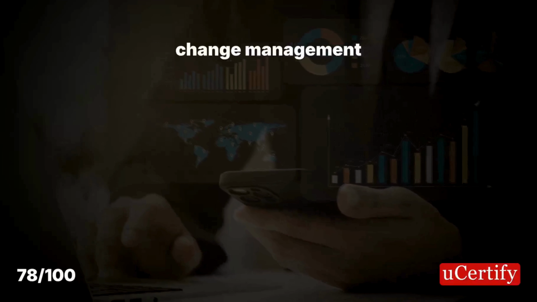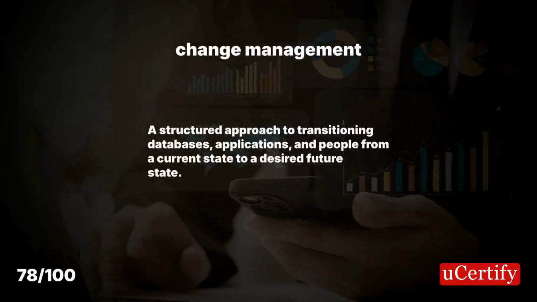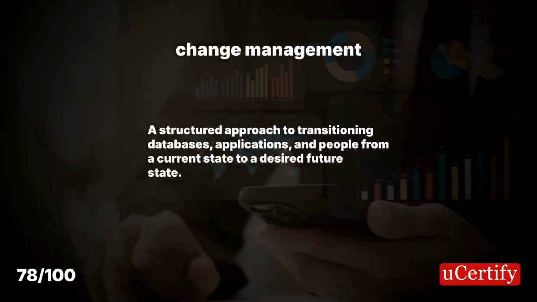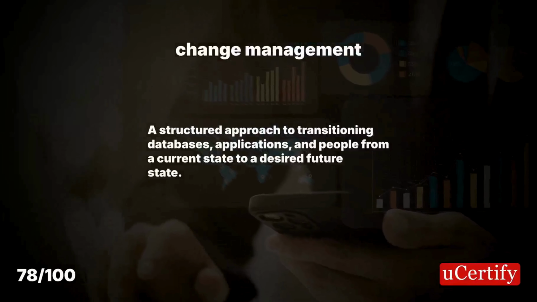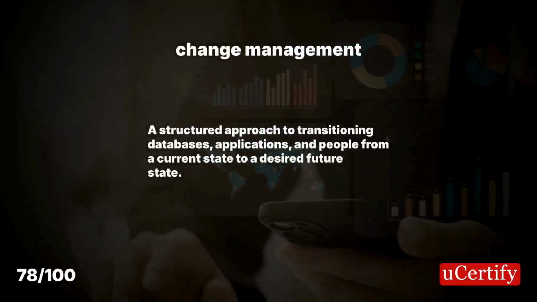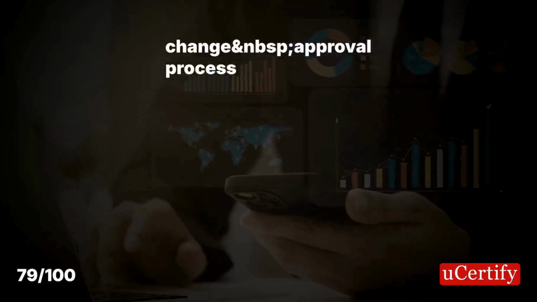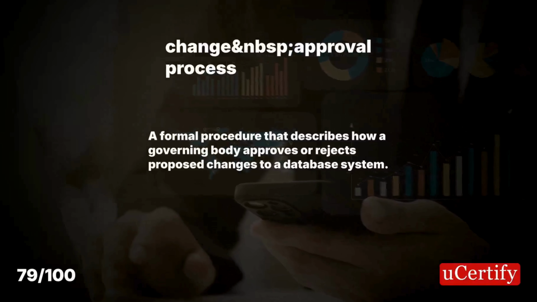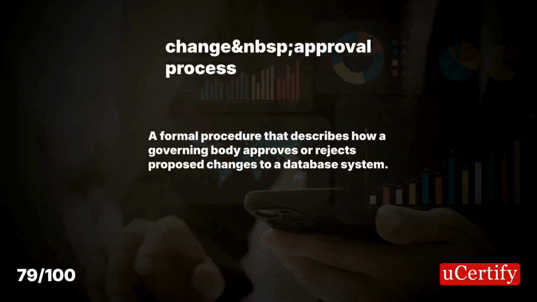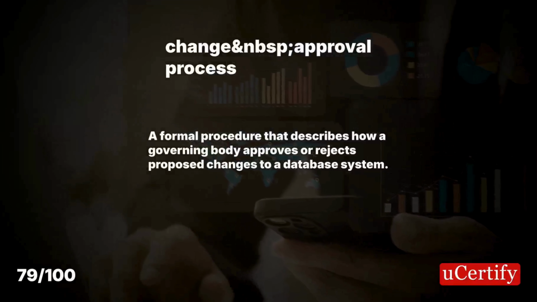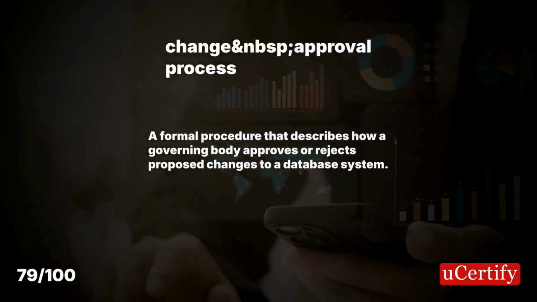Term: change management. Definition: a structured approach to transitioning databases, applications, and people from a current state to a desired future state. Term: change approval process. Definition: a formal procedure that describes how a governing body approves or rejects proposed changes to a database system.